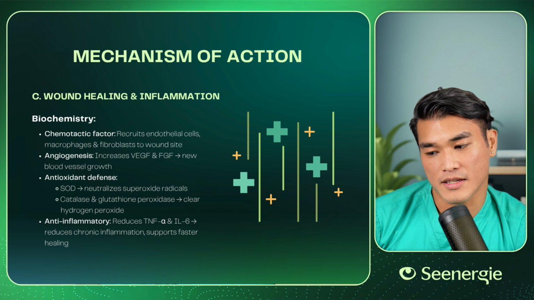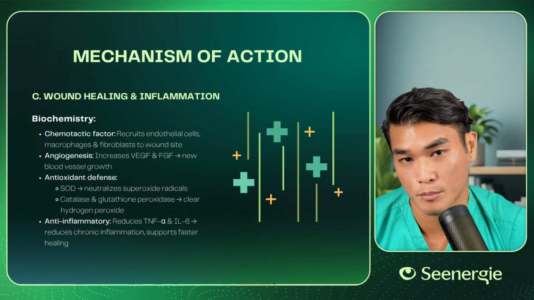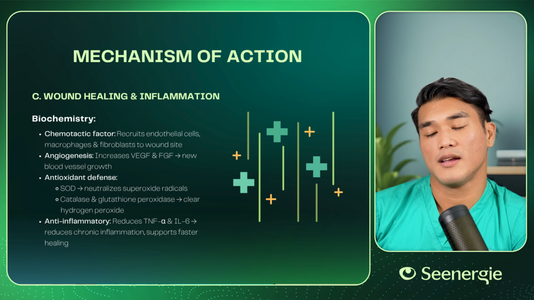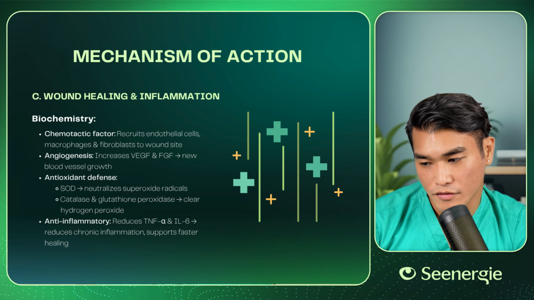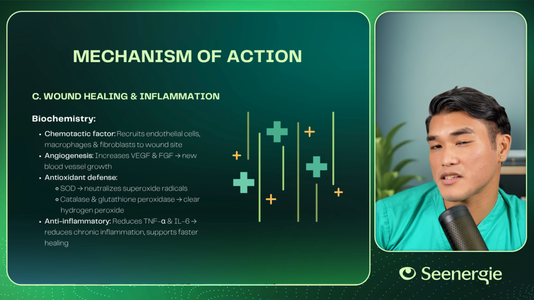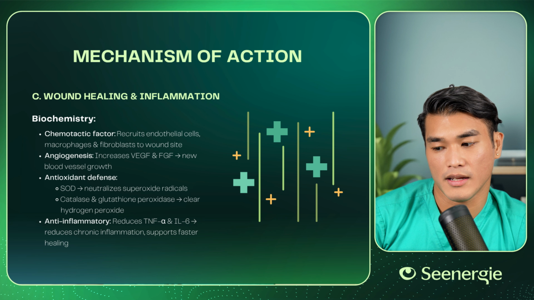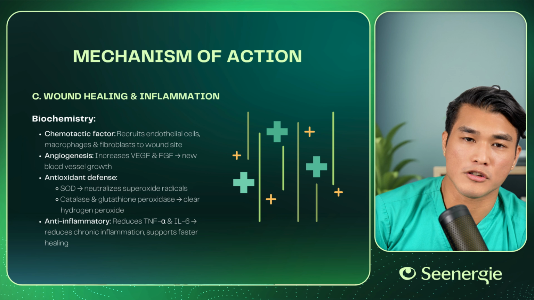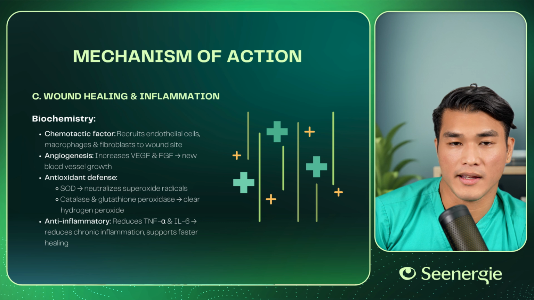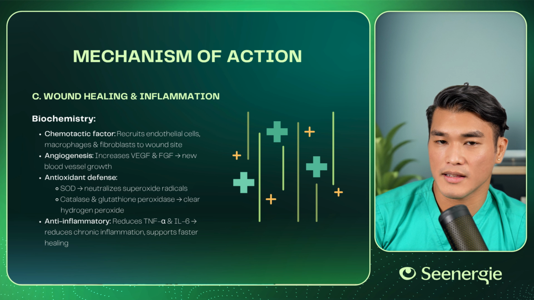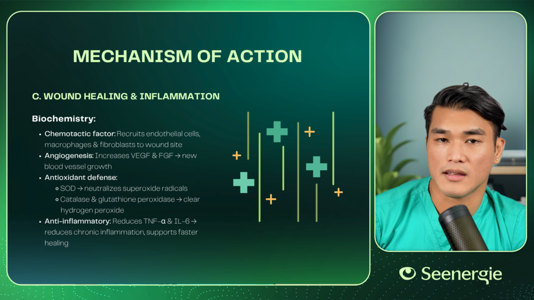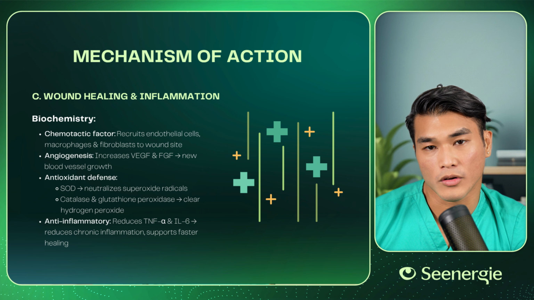Overall, the effect of this is that it reduces your pro-inflammatory cytokines, like your tumor necrosis factor alpha and your interleukin 6, thus limiting the chronic inflammation that is responsible for slowed healing. If your body is constantly inflamed, then healing doesn't kick in. So you want to keep that in control.